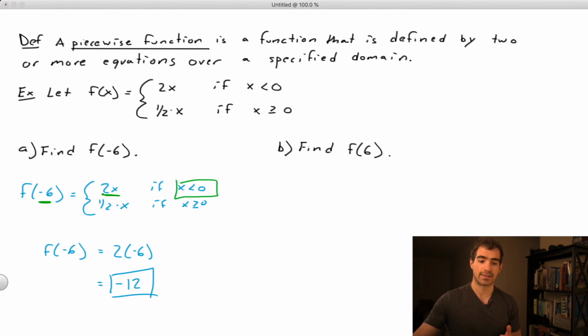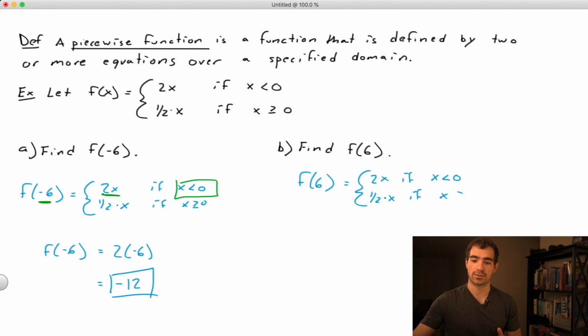Now on the other hand, if we wanted to evaluate f of +6, we have the same function here, which is 2x if x is less than 0, and 1/2 x if x is greater than or equal to 0. Well, in this case, this +6 fits the criteria that x is greater than or equal to 0, right?